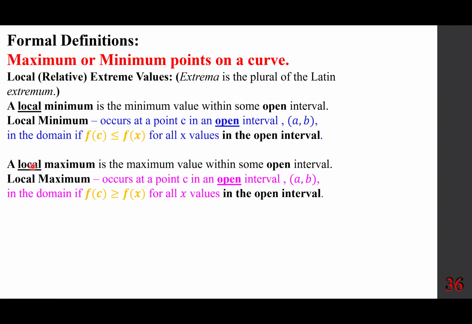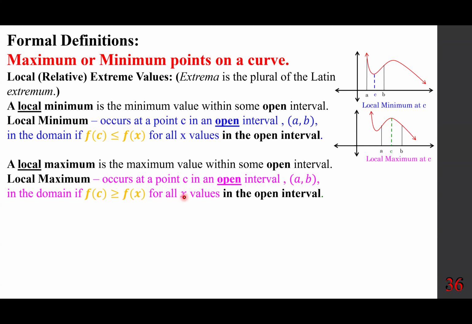On the other hand, a local maximum is the maximum value within some open interval. Local maximum occurs at a point c in an open interval a to b in the domain if f of c is greater than or equal to f of x for all x values in the open interval. So if you look at this, the bottom line: peaks and valleys. Local minimum, local maximum. Local minimum, local maximum. Peaks and valleys.